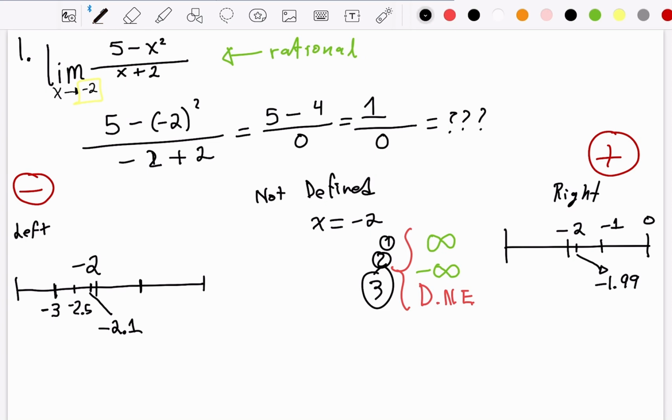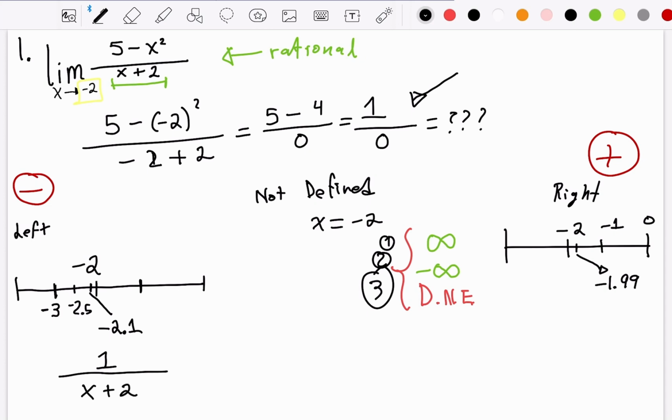And now what I'm going to do is take this where I left it. So I'm writing 1 over, but instead of writing 0, I will write this denominator as I had it initially, which is x plus 2.